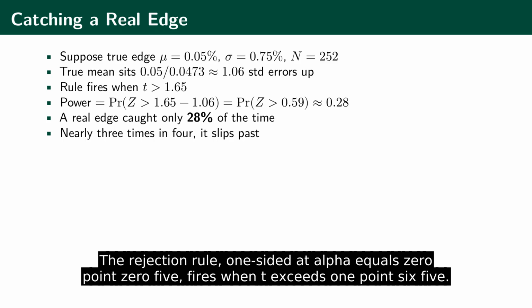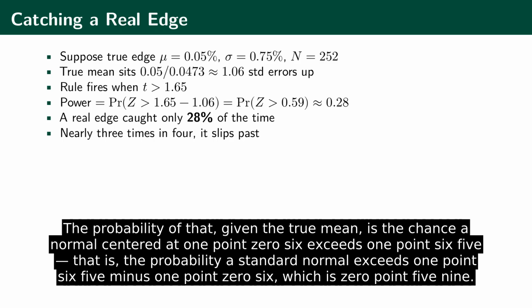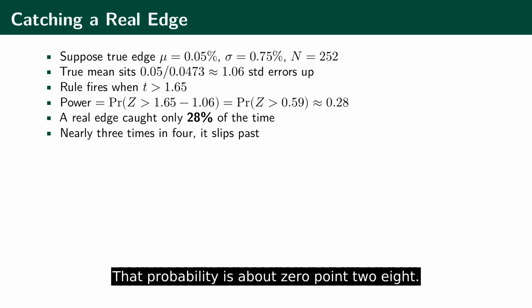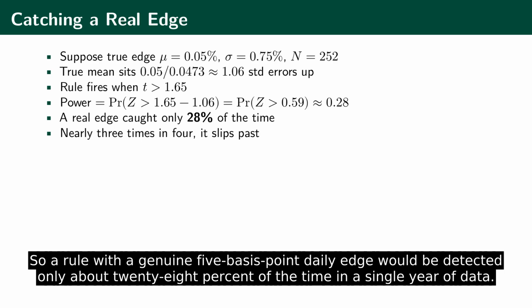The rejection rule, one-sided at alpha equals 0.05, fires when t exceeds 1.65. The probability of that, given the true mean, is the chance a normal centered at 1.06 exceeds 1.65. That is, the probability a standard normal exceeds 1.65 minus 1.06, which is 0.59. That probability is about 0.28.